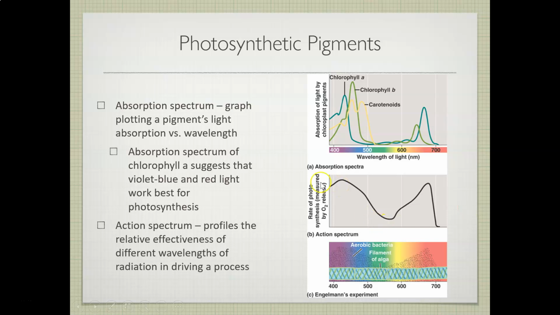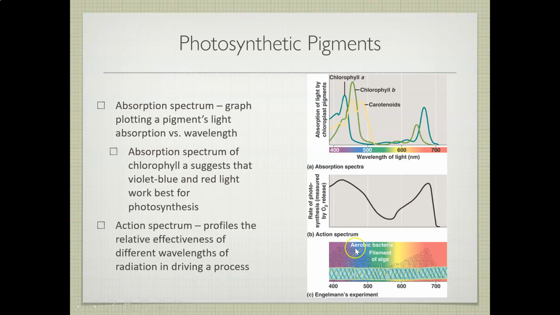So an absorption spectra is something that we might create via one of those spectrophotometers, right? And it's just the graph plotting the light's absorption versus its wavelength. So shining that light of different wavelengths, so purple, blue, green, yellow, orange, red, through that pigment and seeing what gets absorbed versus what gets transmitted. Okay.